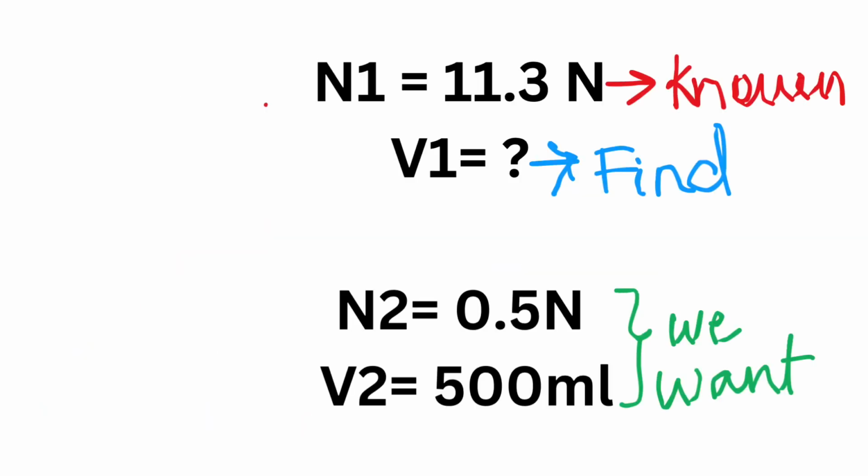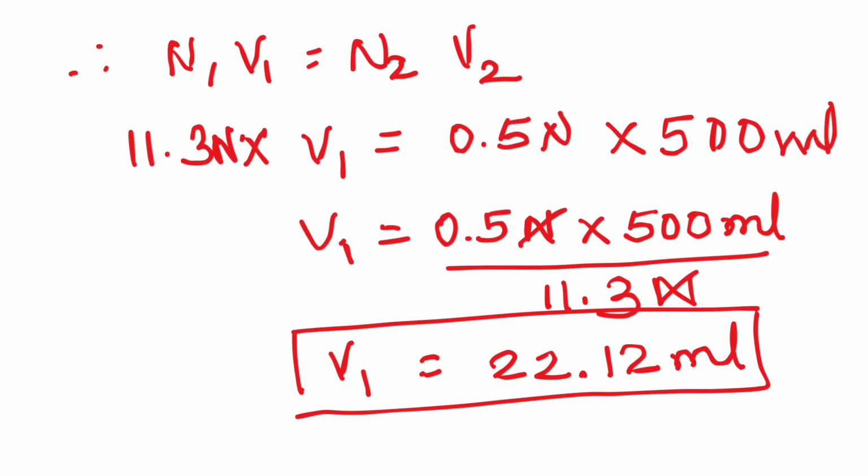So we will just put the value for N₁, that is 11.3. V₁ is unknown, so we're not going to put anything. And when you go to the other side of the equation, it's N₂V₂. N₂, we know we need a normality of 0.5 normal. V₂, we know we need 500 ml of solution. So we will fill this up. And now we will just drag our 11.3 normal to this side, and it will come into division.